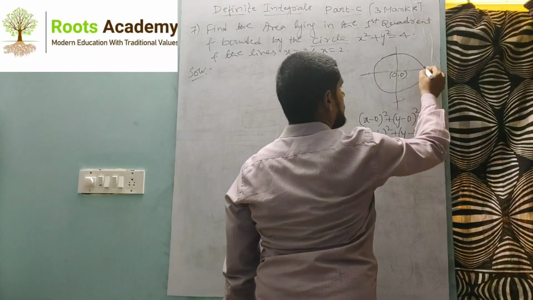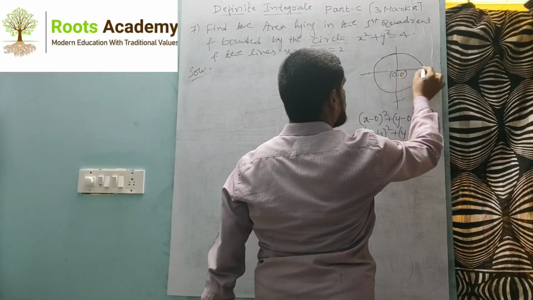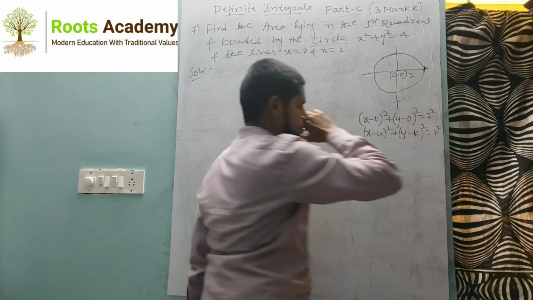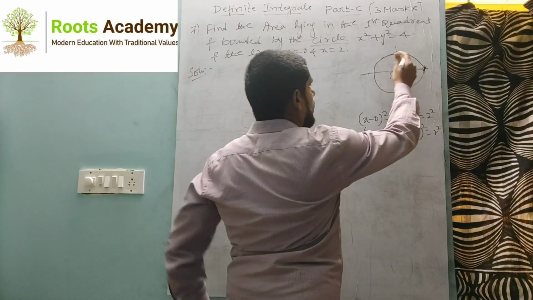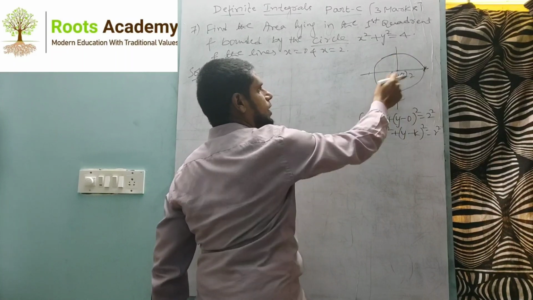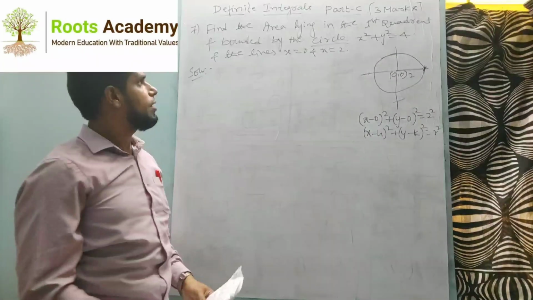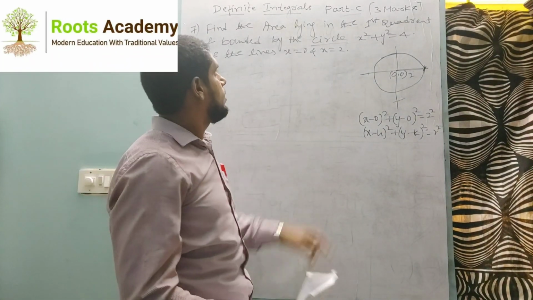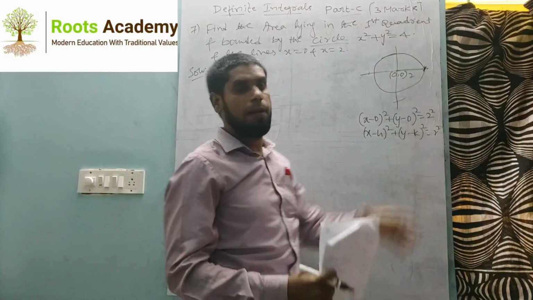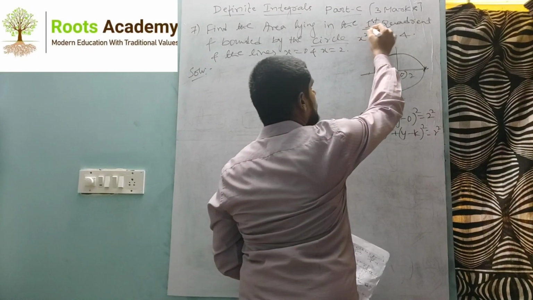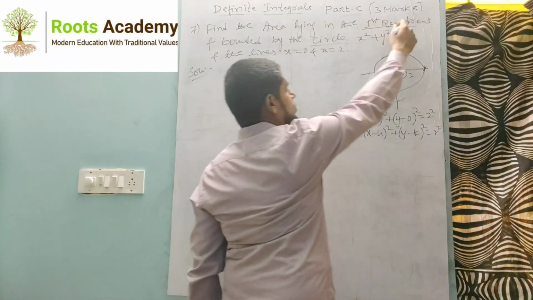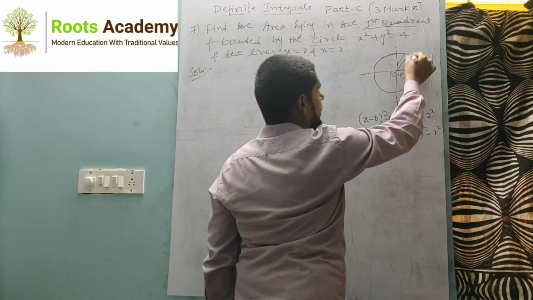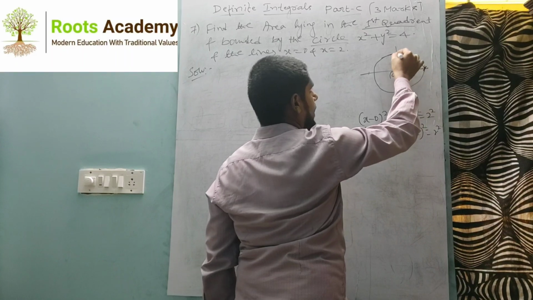If you take towards this side, the distance from this to this is 2. And here there are 4 equal parts, student. This may be mentioned, but I should find the region of the circle which lies only in the first quadrant. It is this particular region only.